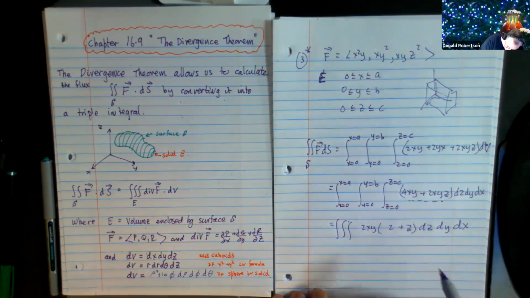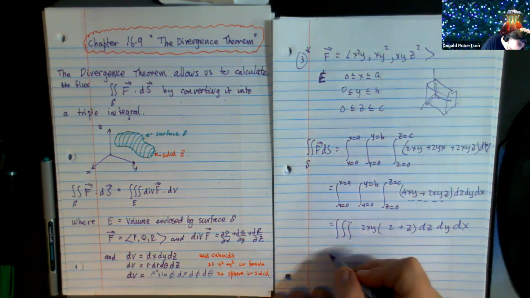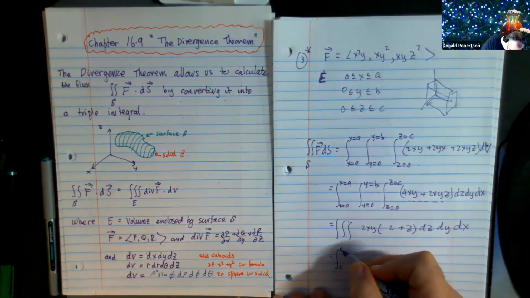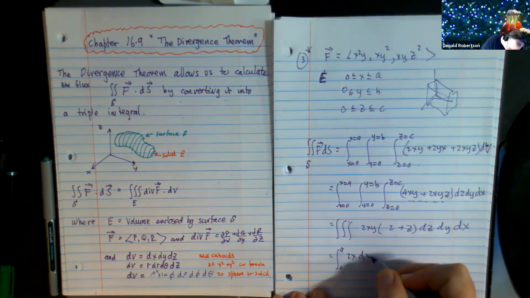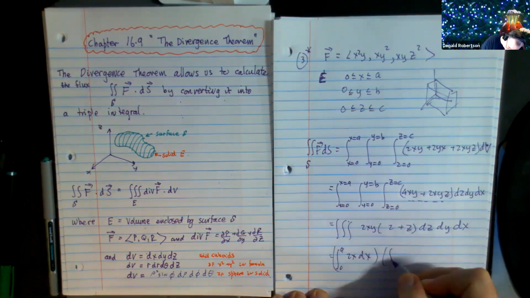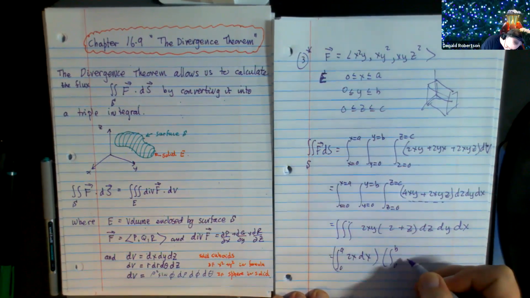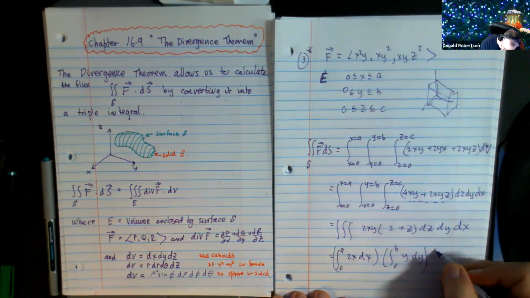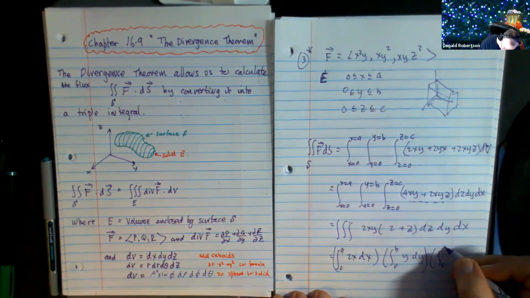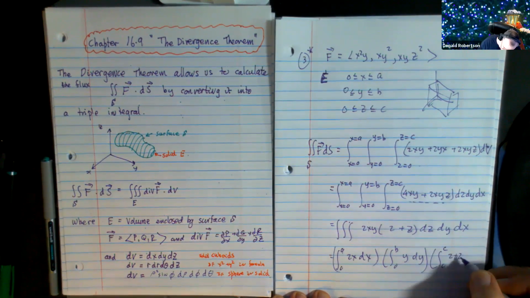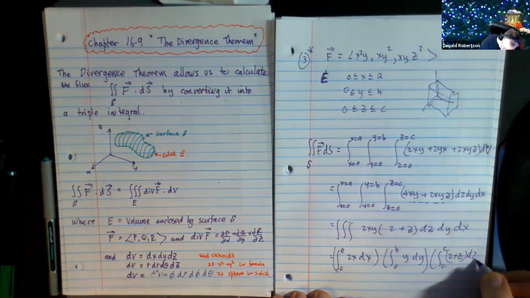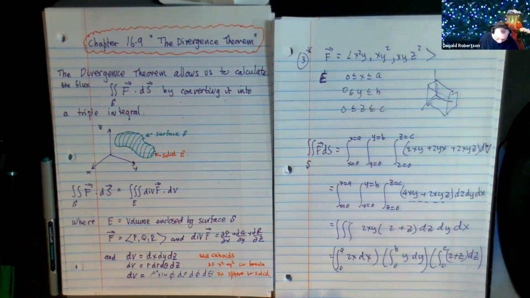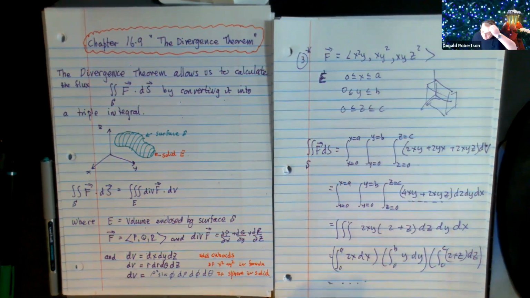Now, what that tells me is, isn't this separable now? So I'm going to do the x from 0 to A, that guy. I'm going to do the y from 0 to B. And I'm going to do the z from 0 to C. And then those 3 answers, you know, dot, dot, dot.